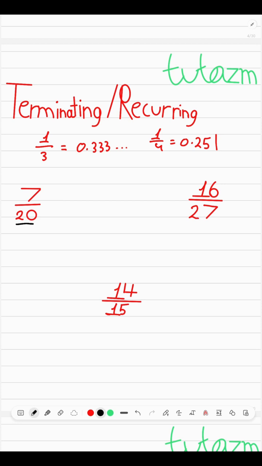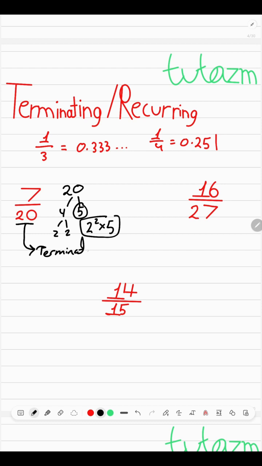So for example, 7/20, if we look at 20, the product of prime factors of this would be 4 times 5, circle 5, and then 2 times 2. So it would be 2 squared times 5. This would mean that 7/20 is a terminating decimal because its product of prime factors consists of only 2 and 5.